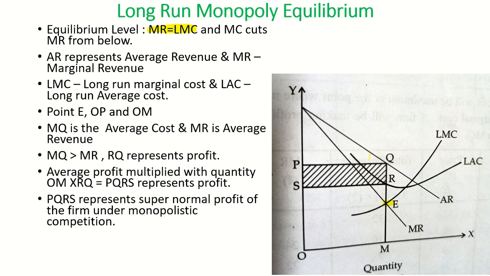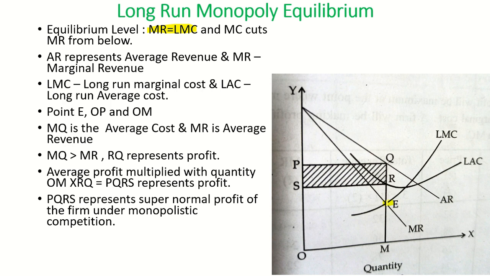MR is equal to MC. So ഈ E എന്ന് പറഞ്ഞ പോയിന്റിൽ first condition satisfy ചെയ്തു, that is MR is equal to LMC curve. And the next condition is that the MC curve cuts MR from below. അതും ഇവിടെ സാധ്യമായിട്ടുണ്ട്. So we can say that E is the equilibrium point.